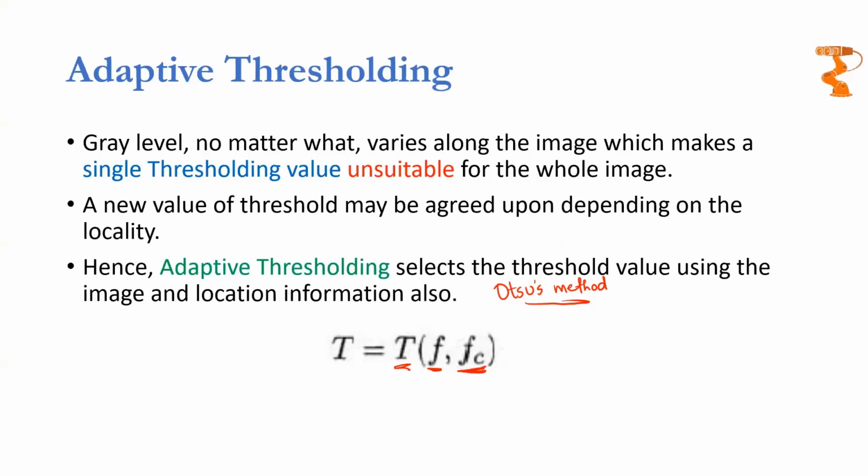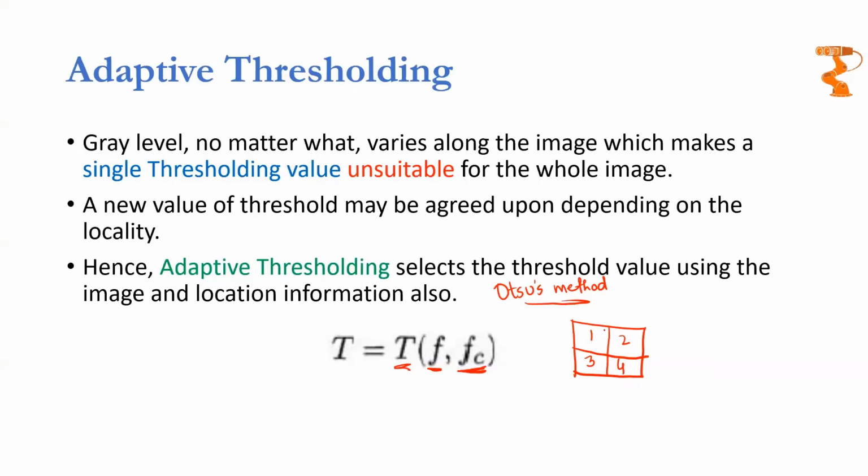But what if you need different threshold values for different locations of the same image? Then you'll have to provide this method with different windowed versions. For example, this one is a complete image and you have divided this image into 4 portions, 1, 2, 3, and 4.